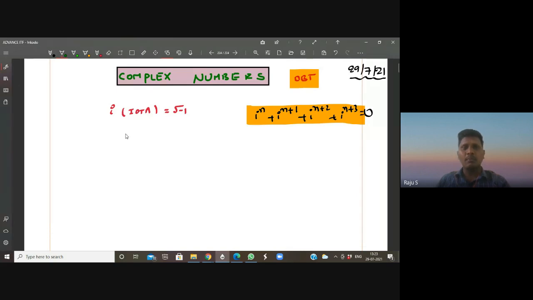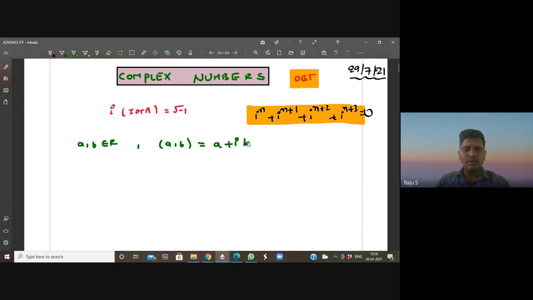So a complex number is nothing but, here we have to take any two real numbers, for example a comma b belonging to real numbers. Then here we take the ordered pair a comma b. Every ordered pair can be written as a plus iota times b.